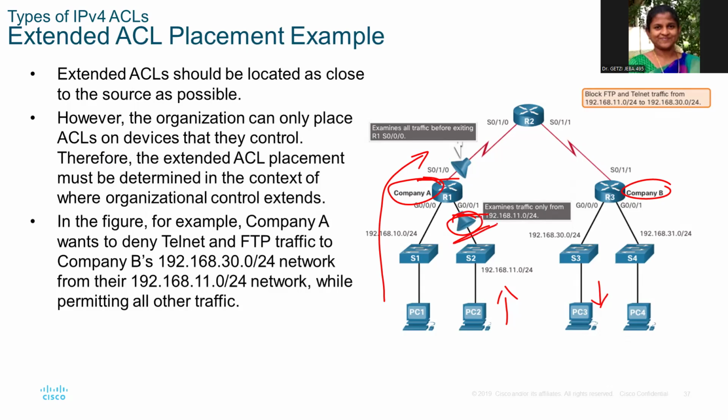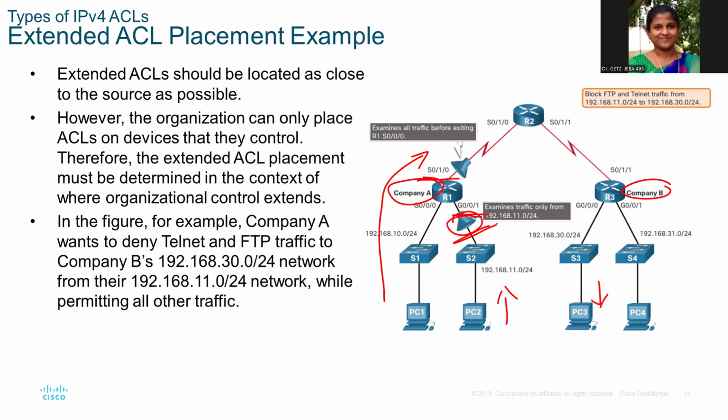When you configure an access control list, first you have to consider the organization's policy. That is your problem statement. Next, you have to consider what ACL you are going for, whether a standard ACL or an extended ACL. Standard means you go only for source IP version 4.